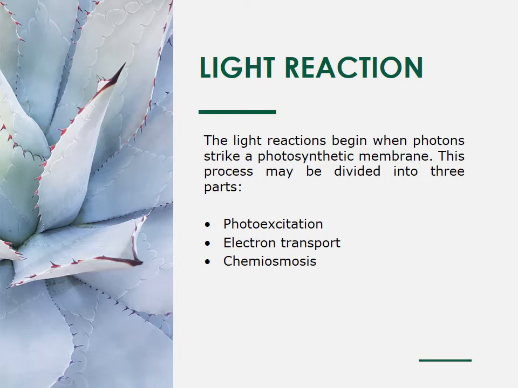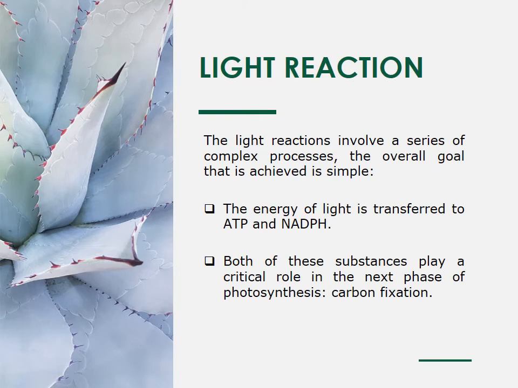So chemiosmosis involves the movement of protons through the ATPase complex, and this enzyme helps in the conversion of ADP to ATP. So what do we call ATP again? The energy currency of the cell. That's adenosine triphosphate.